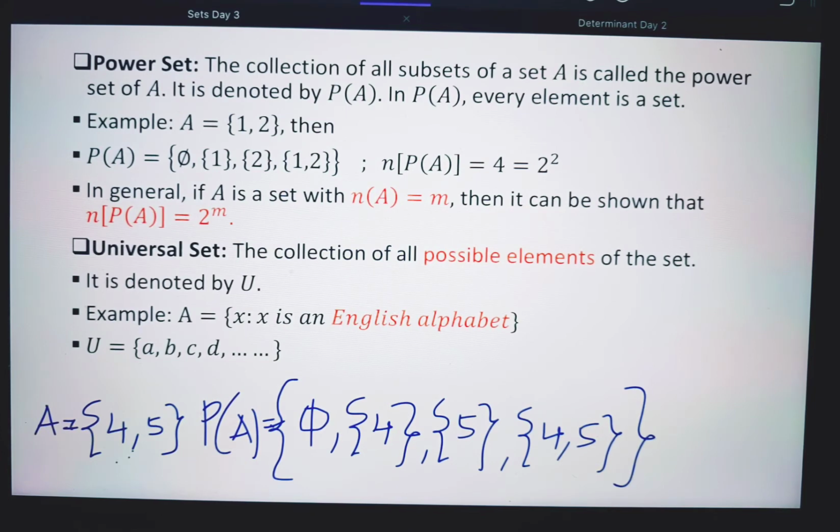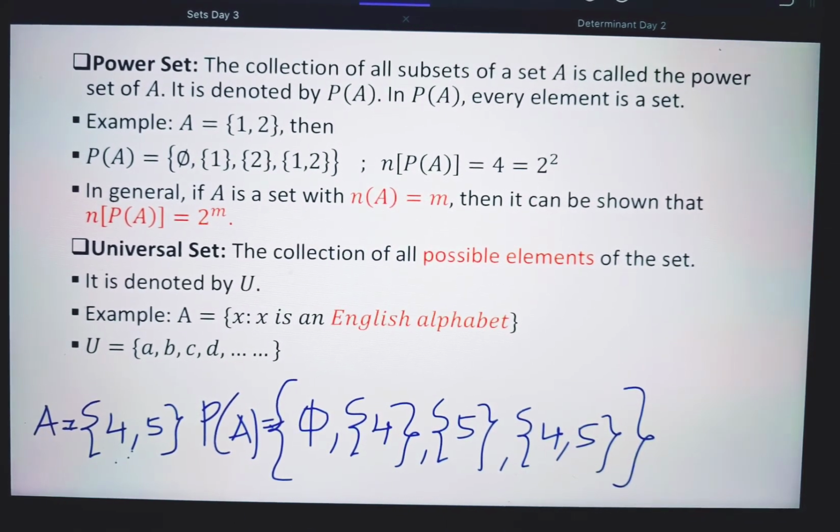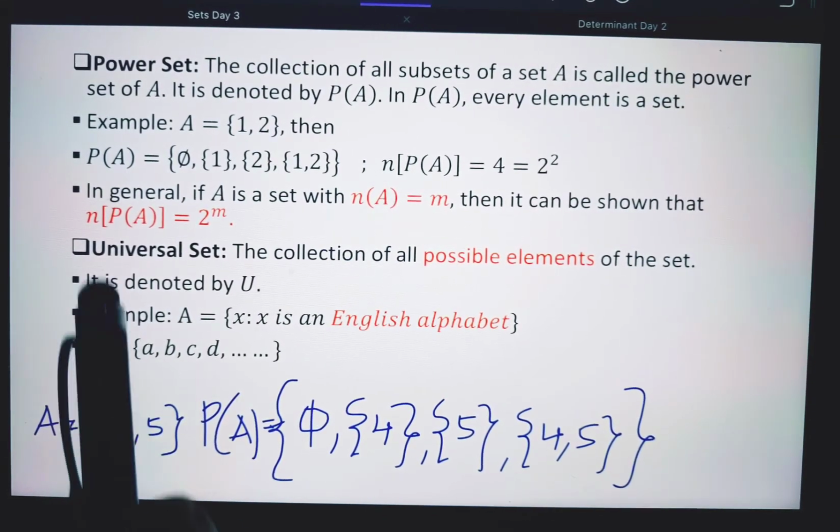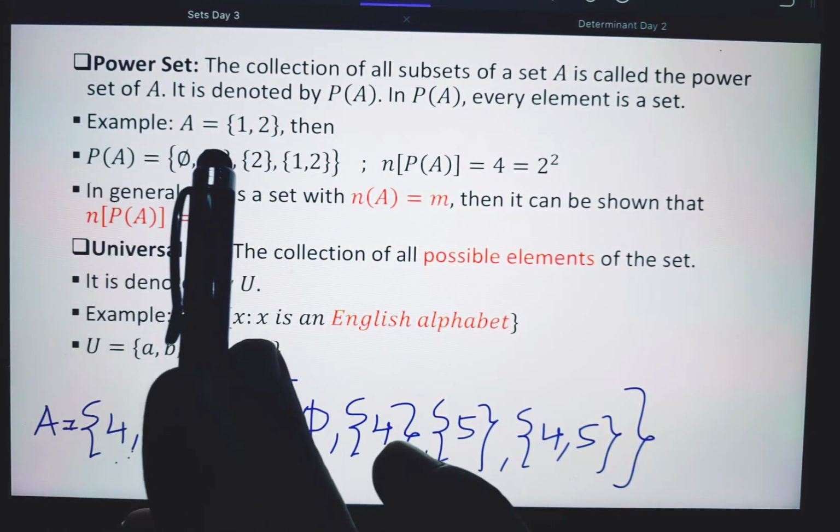So what is the power set of A? Collection of all the subsets of A. Understood?